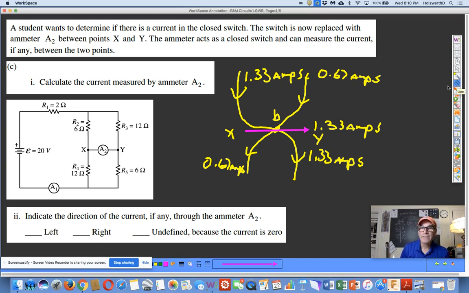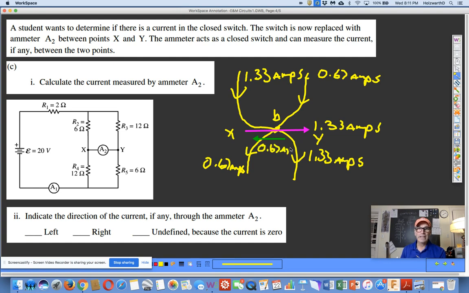Now let's look at the direction in which the 0.67 flows. I'm going to switch to green and show the arrow a little smaller. The relative magnitude of those two arrows is kind of like a vector, showing the direction things are headed. That represents the 0.67 amps.